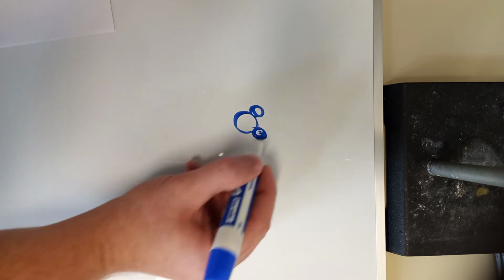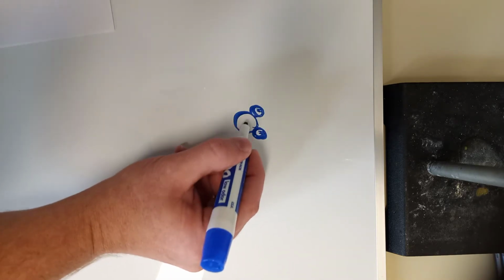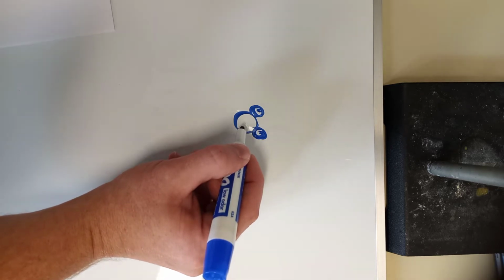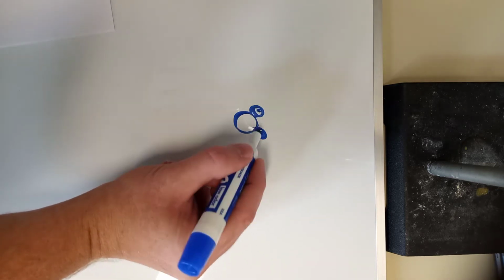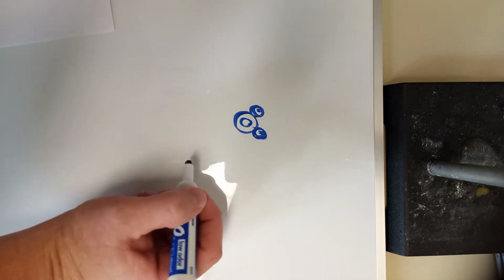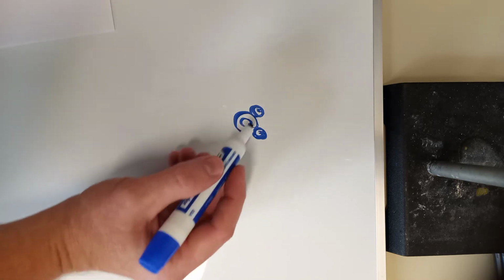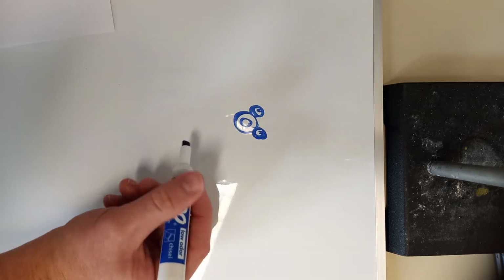The ears are H's, the hydrogens, so there's two H's, and then the O is that face of Mickey.